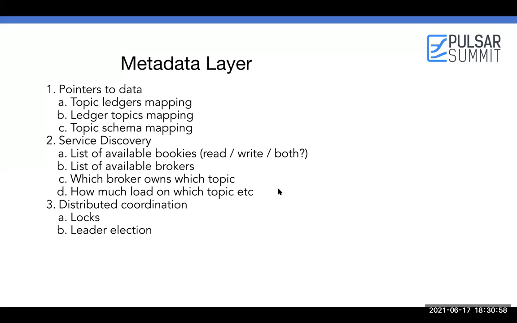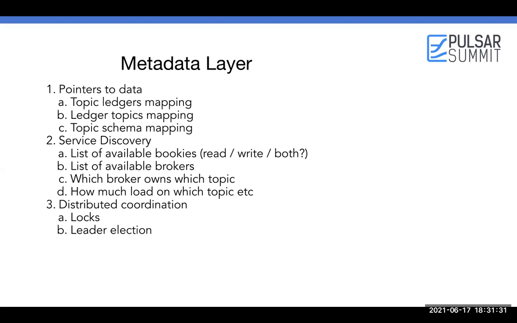Service discovery is something that happens through the metadata layer in Zookeeper again. So Zookeeper will tell you the list of available bookies, which bookies are there to be read from and written to, and the list of available brokers as well, and which broker owns which topic. I think we didn't touch on the ownership concept as much, but the whole point is that at one point in time, a topic has only one owner broker.